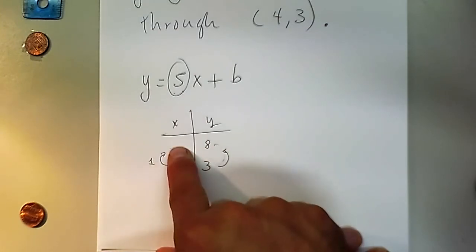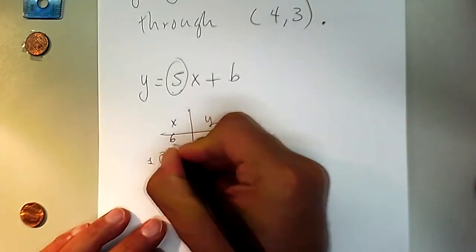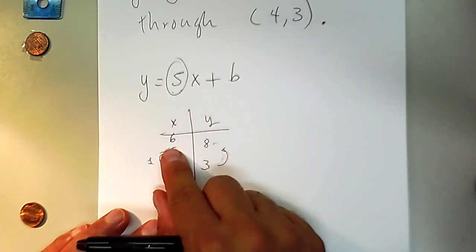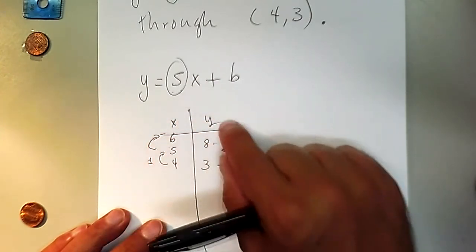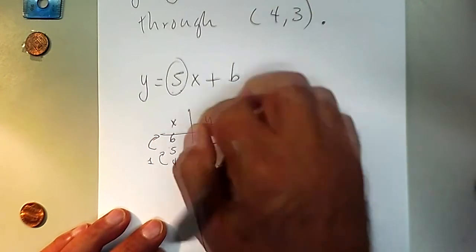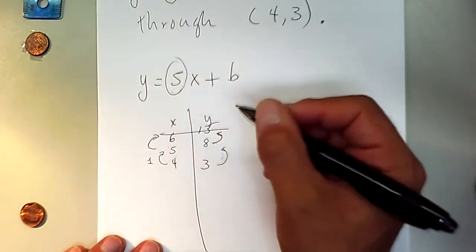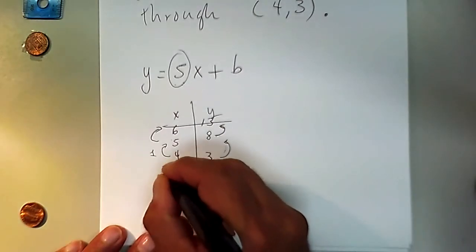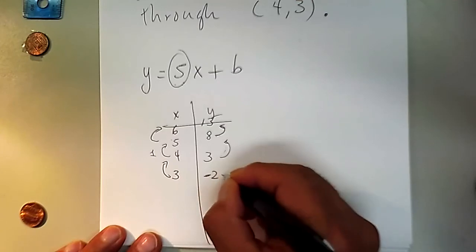So let me squeeze a 6 in here. If we have a 6 in the input and we went up by 1, that means the output has to go up by 5 because that is the slope. So we would be at 13. Okay, let's back up. How about at 3? Well, we would have to be at -2 because we go up by 5.